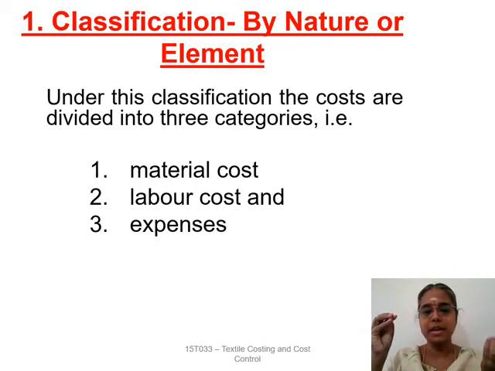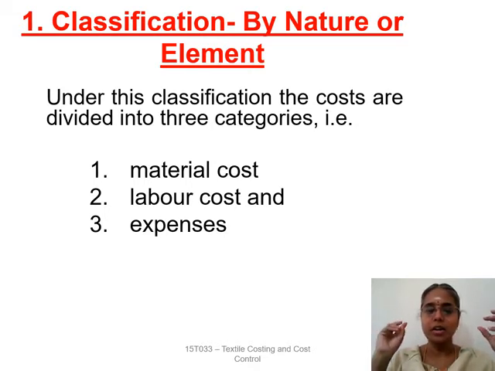Then it may not be a direct material or raw material, so it cannot be termed a material cost. Other than this, now I hope that you have got a glimpse of what is material cost and what is labor cost. Then expenses. Expenses are something which you cannot classify as material and labor. Can you give some examples for expenses?